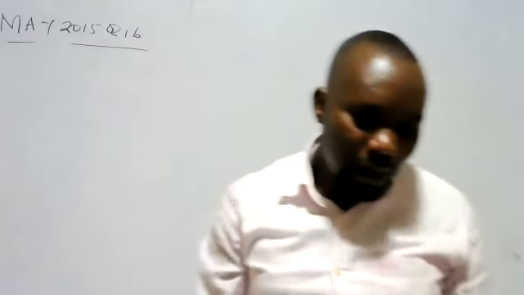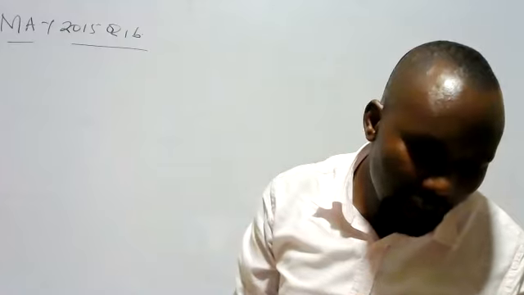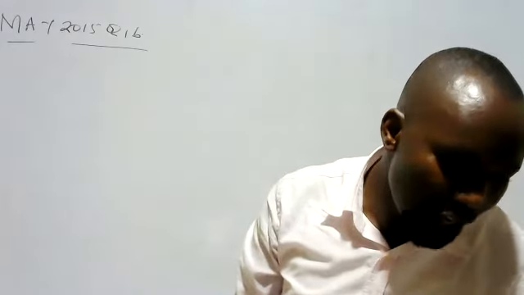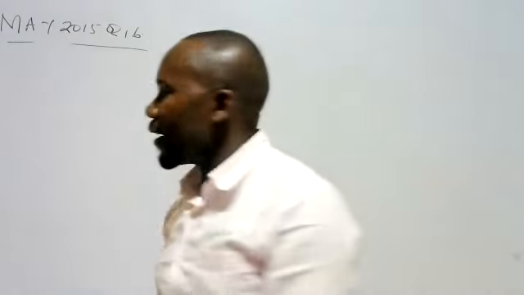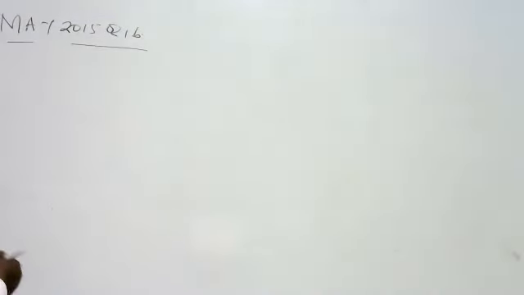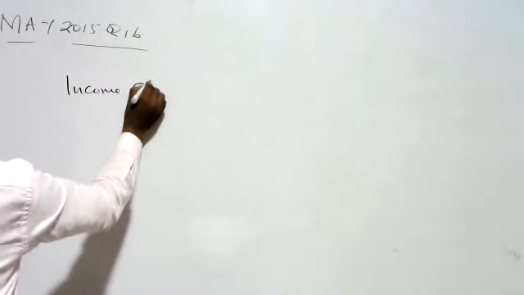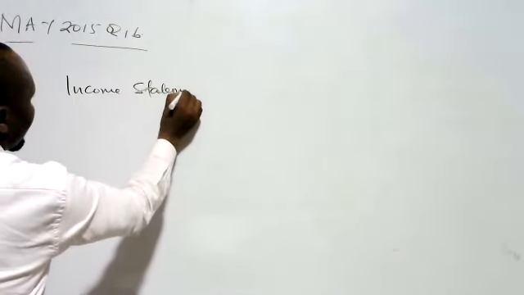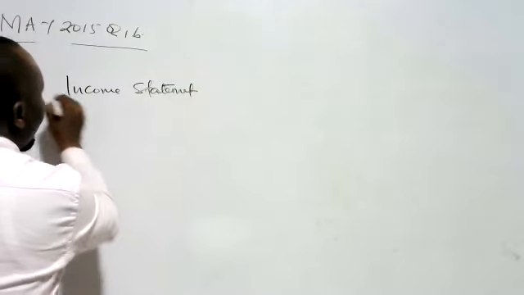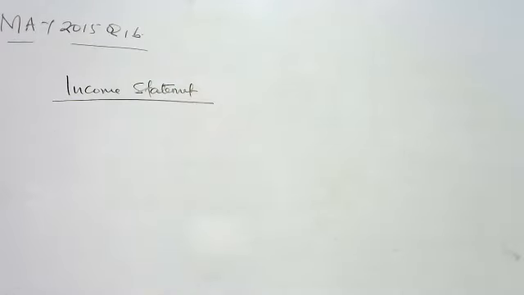So let's start by calculating the income or the revenue for each year. We can get a revenue statement or income statement for each year, so that we know what the cash flows are.